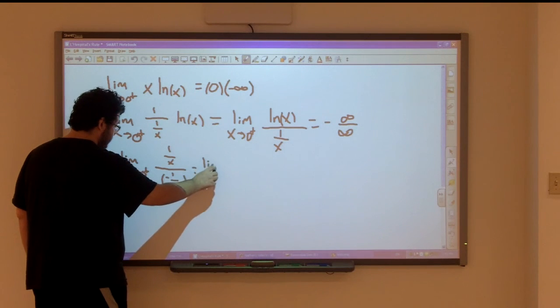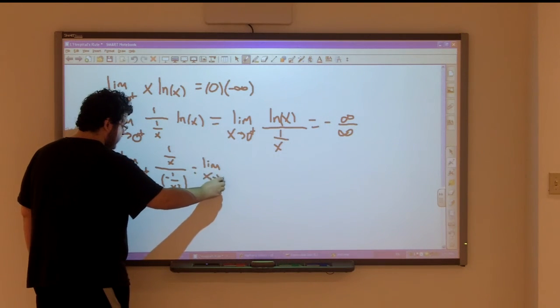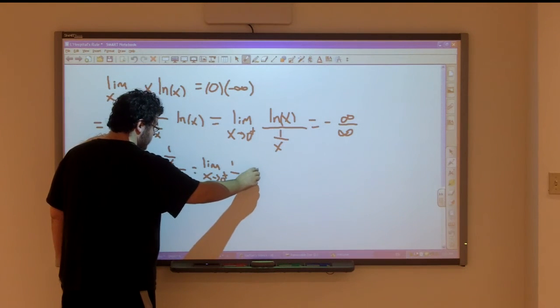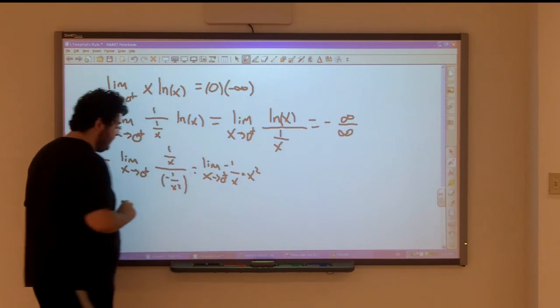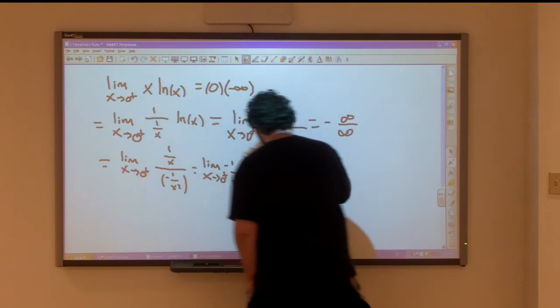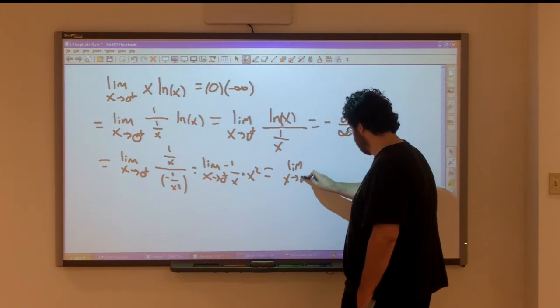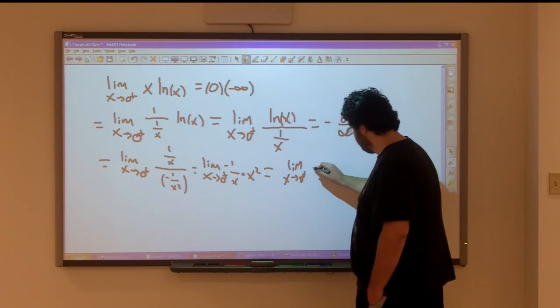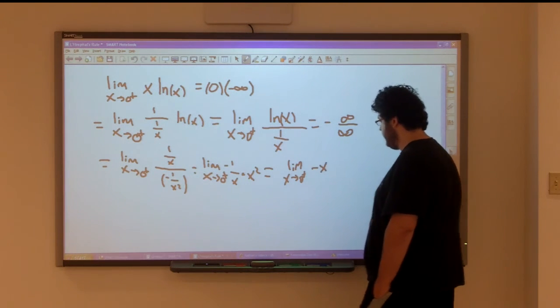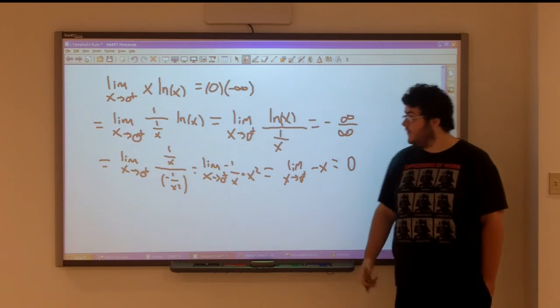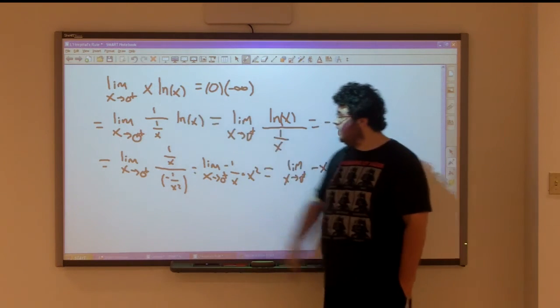So we have, as x goes to 0, 1 over x times negative x squared. So we get, this is the limit, as x goes to 0 on the right, of negative x, which is of course 0. So we get that this limit is equal to 0.